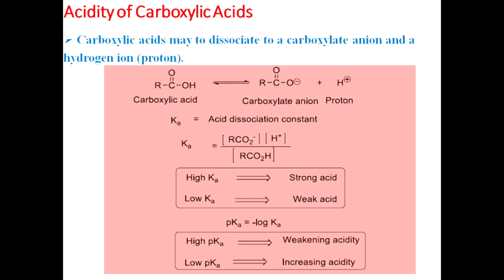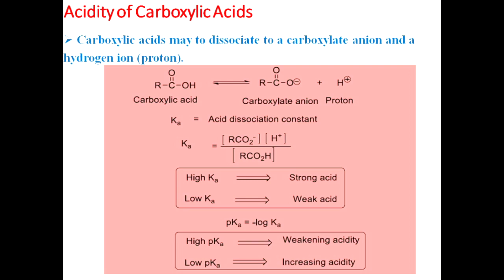The carboxylic acid releases the proton, H plus ion, and converts to the carboxylate ion, where the oxygen of the carboxylic acid carries the negative charge. If you see the acid dissociation constant, a high Ka value means a strong acid. If it has a low Ka value, it is a weak acid.